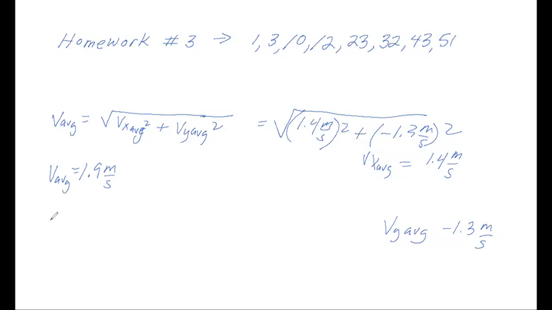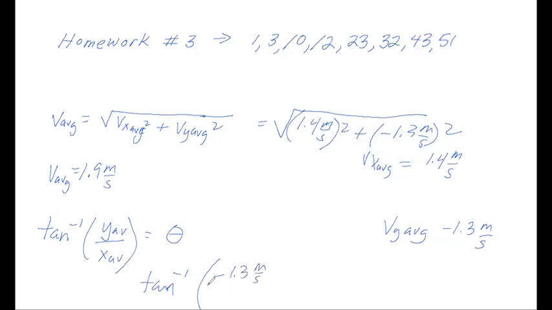We need to find the direction. So that's going to be tan inverse of V Y average over V X average is going to give us theta. So that's going to be a tan inverse of negative 1.3 meters per second divided by 1.4 meters per second. And that's going to give us a negative 0.92.